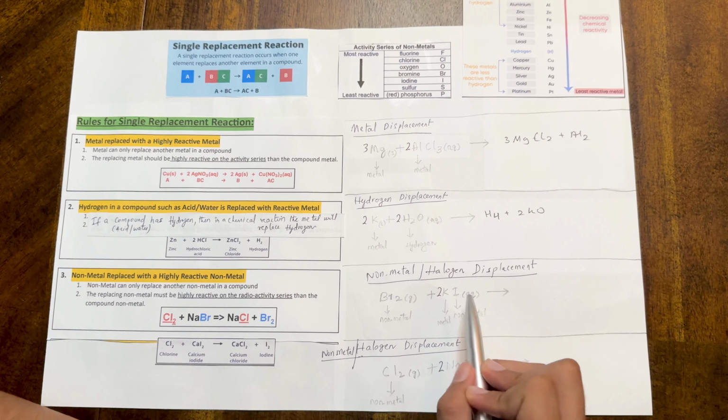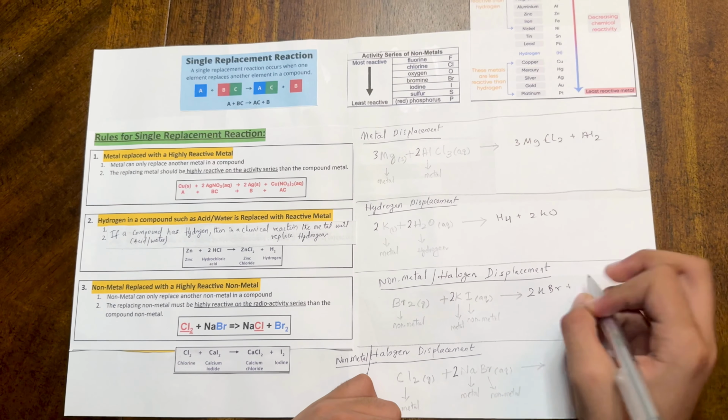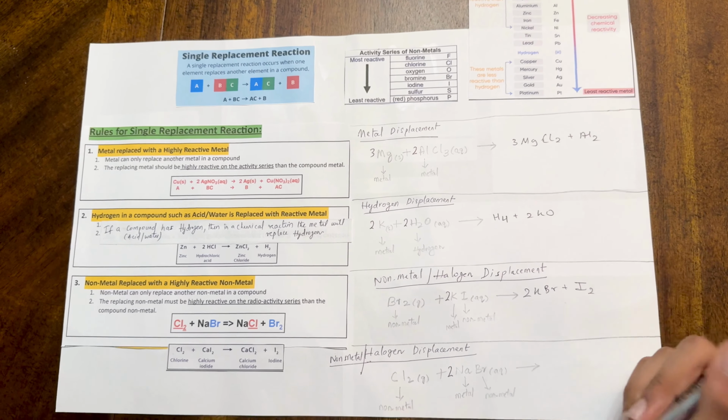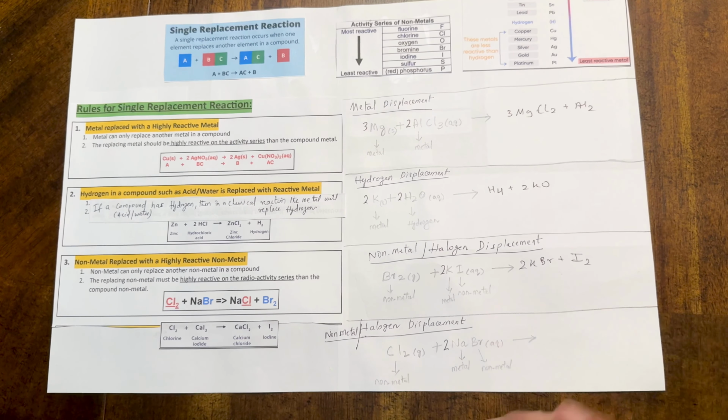The metal chart doesn't apply here; for non-metals we use this chart, and we can see bromine is more reactive than iodine. So bromine gets swapped with iodine, and then we end up having 2KBr plus I2.